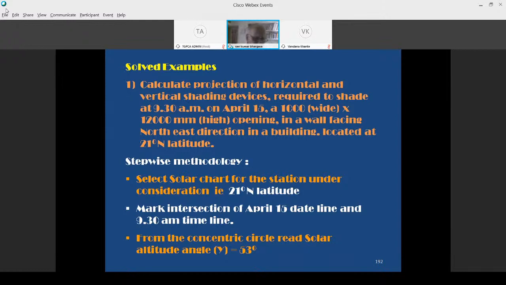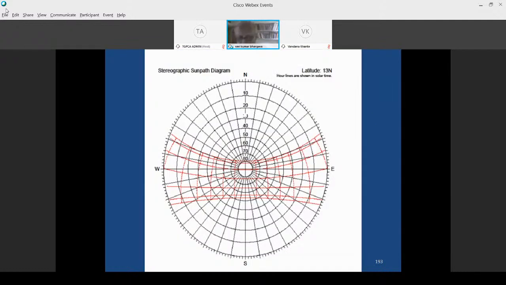When I used this, it is around 53 degrees. Do you agree with me? So the wall azimuth angle was 45 degree. Solar altitude angle gamma is 53 degree.